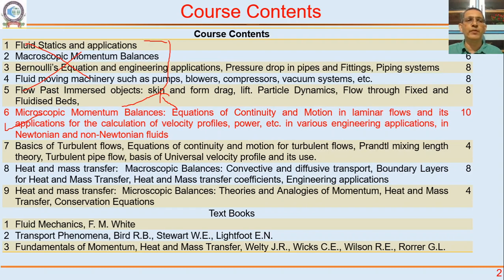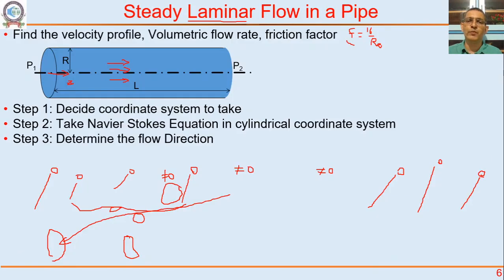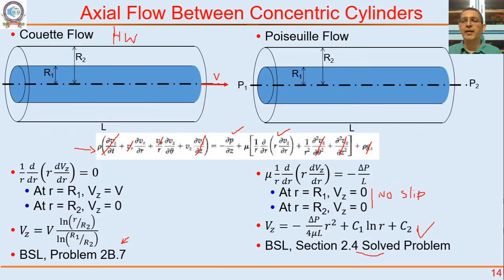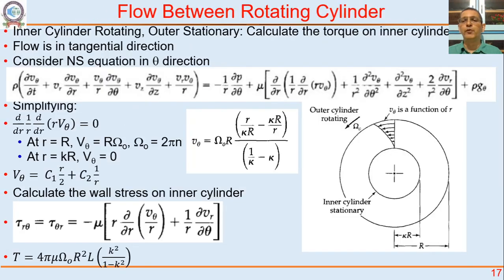Everything that you did in these 5 topics, you can get by only one microscopic balance, and you have to simplify and you have to be able to integrate either analytically or numerically. That's why the microscopic balances, Navier-Stokes equations, are so powerful and so important when you deal with fluid mechanics, when you deal with flow of fluids.